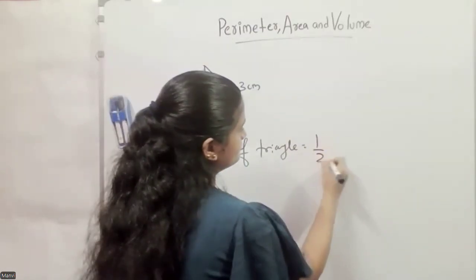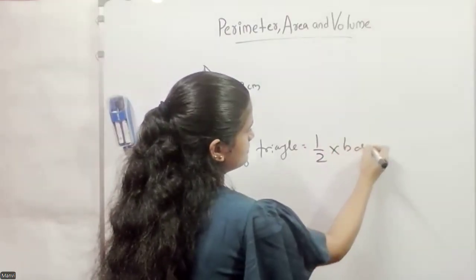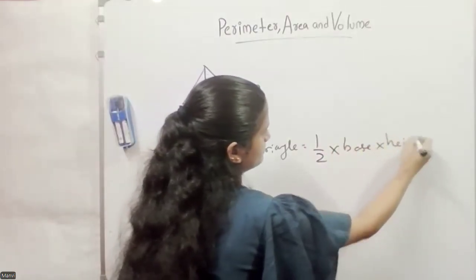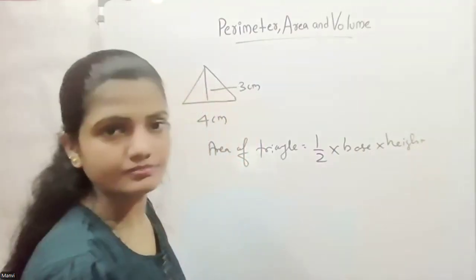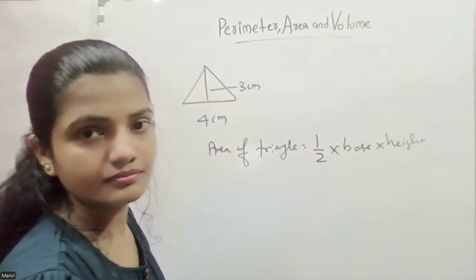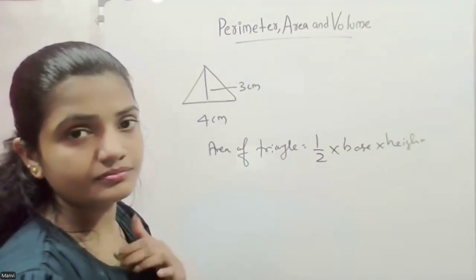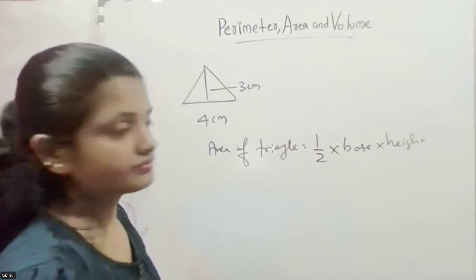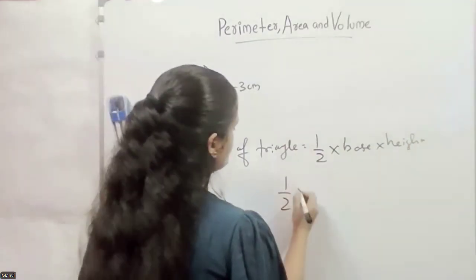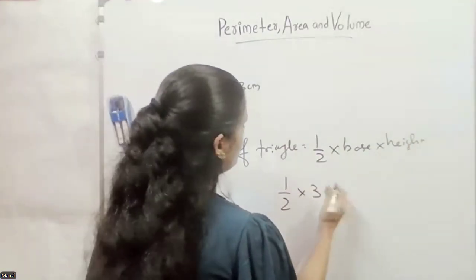Half times base times height. So you have to take half of the total.